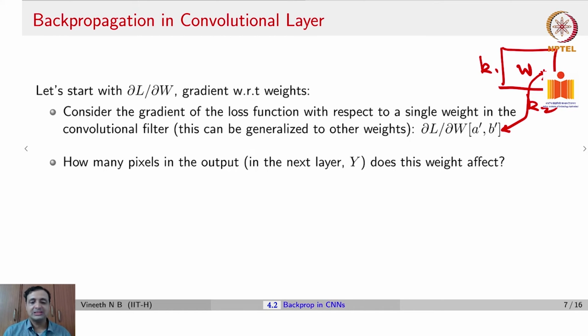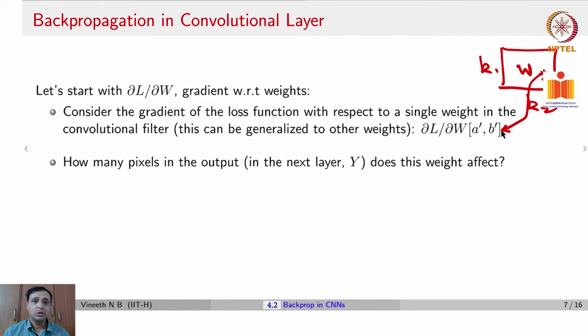To do this, let's ask the question: if you used a filter W in a convolutional layer, how many pixels, and which pixels, in the output or the next layer Y does that particular weight value affect?